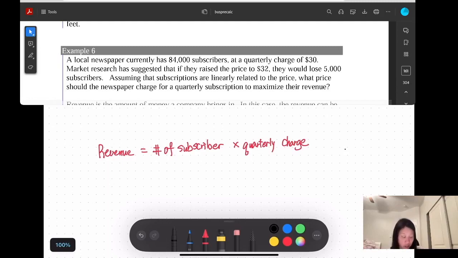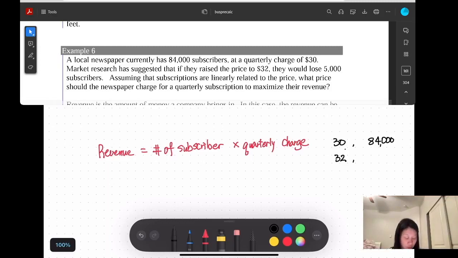If the charge is $13, they will have 84,000 subscribers. So if it's $13.2, they will lose 5,000 subscribers.